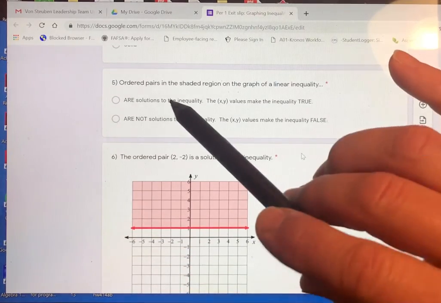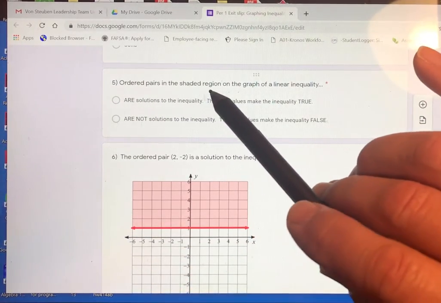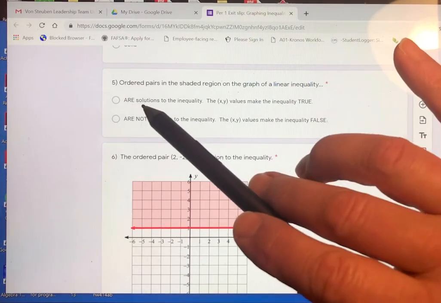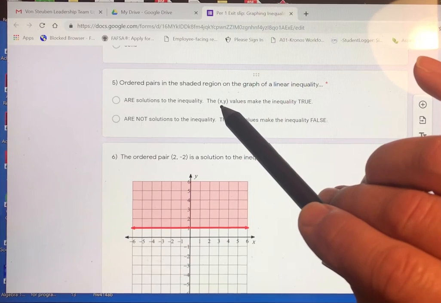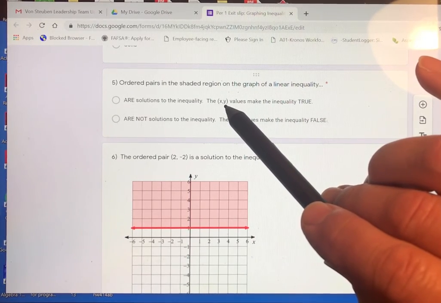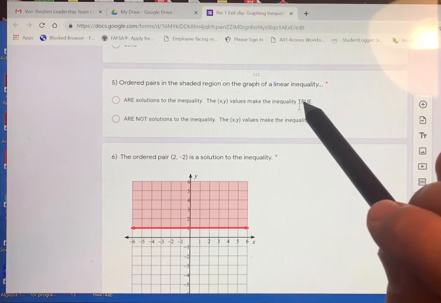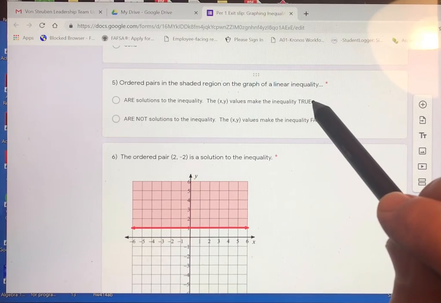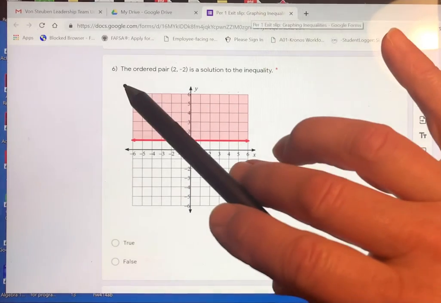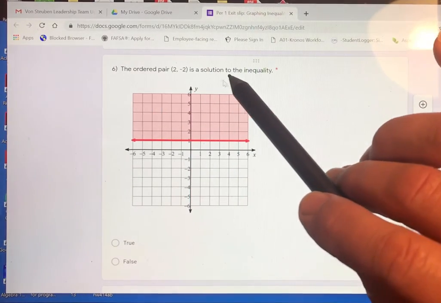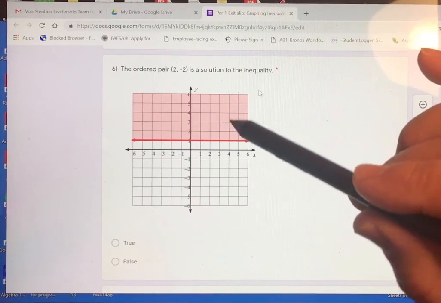In number 5, ordered pairs in the shaded region are solutions to the inequality. And what we are saying is that if you substitute the x and the y value into the inequality, then you will get a true statement. In number 6, we're asked, is this ordered pair a solution to the inequality?